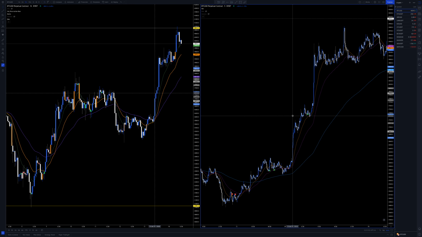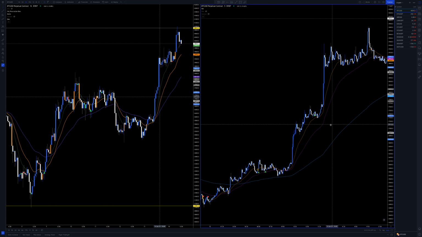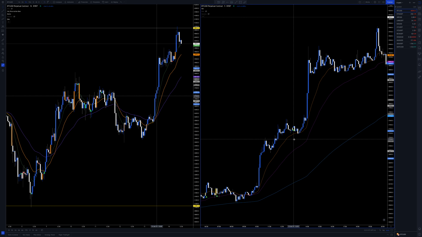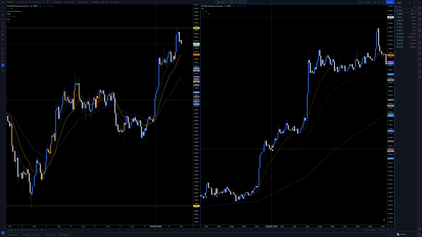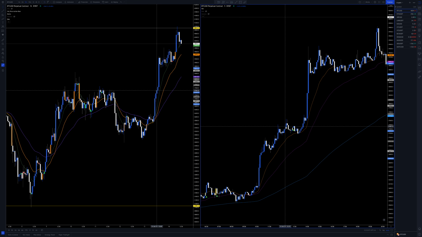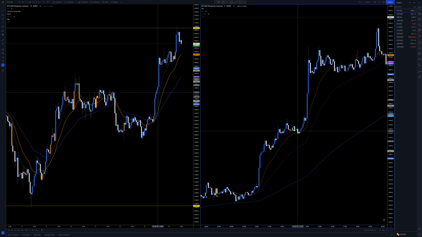You can see that if you look at this structure, this is the picture perfect kind of structure that I'm looking for. We have a strong rally in price, multiple bars, very little white bars, primarily all blue bars in the uptrend, and then it pulls back, moves sideways into the 20 EMA.